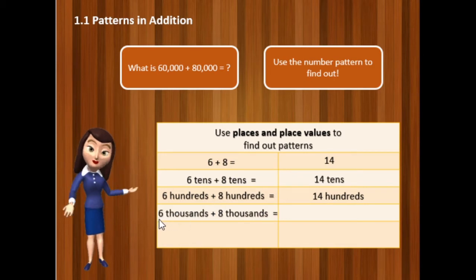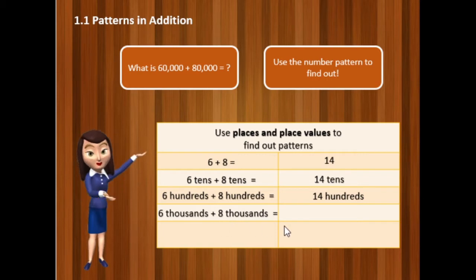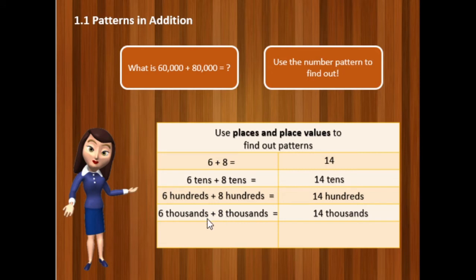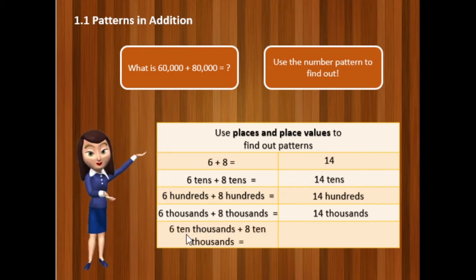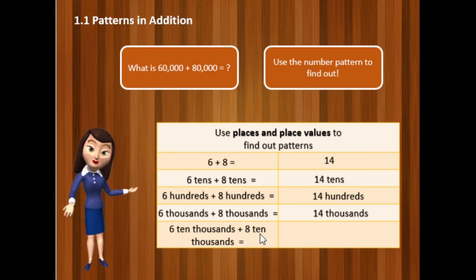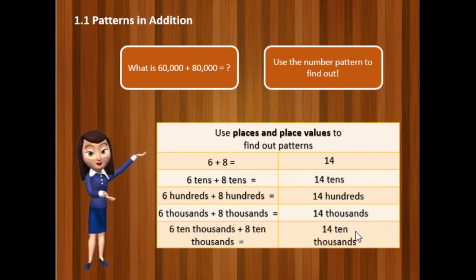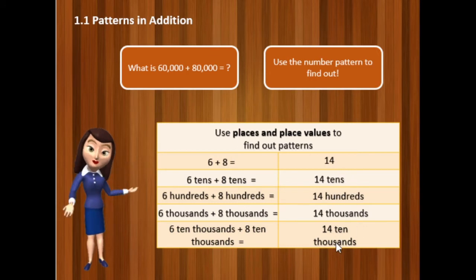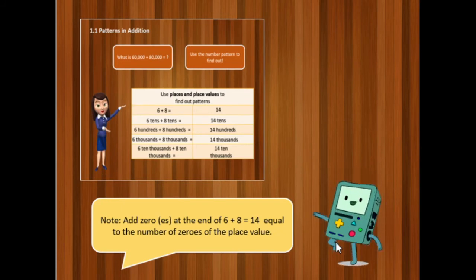If there's 6 thousands plus 8 thousands, we also have 14 thousands. 6 ten thousands plus 8 ten thousands, we have 14 ten thousands. The answers here are still in places and place values form.